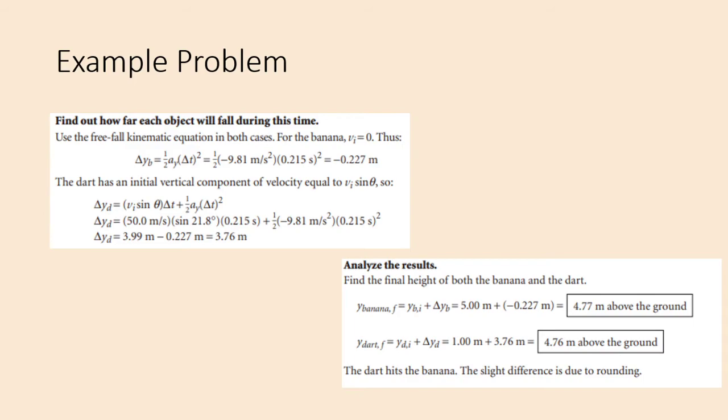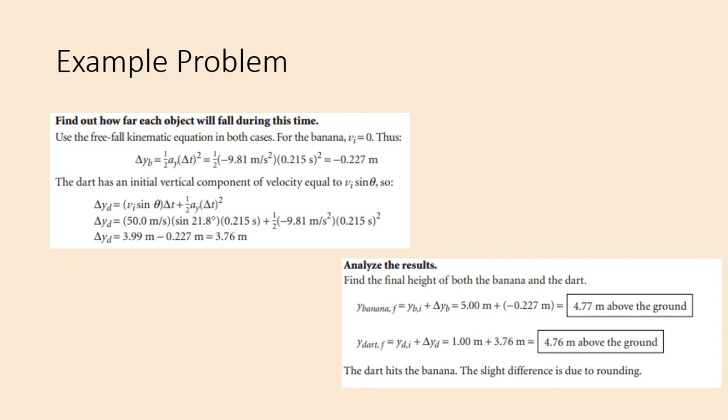So delta yb equals 1/2 ay times delta t squared. We have 1/2 times negative 9.81 meters per second squared times our time squared. That tells us our banana has fallen 2.27 meters, or our displacement delta y over this time is negative 2.27 meters. Our dart has an initial vertical velocity component equal to vi sine theta.